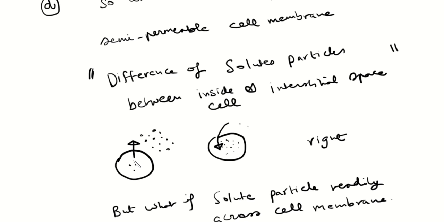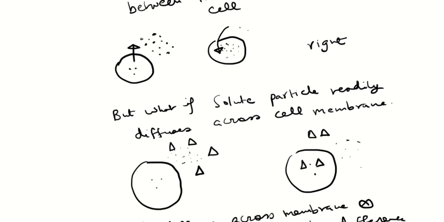So the fluid moves from where there are fewer particles of solute to where there is a higher concentration of solute. Water moves out, the cell shrinks. And if we do it the other way around, with fewer particles outside and more particles inside, water moves in and the cell swells. The cell does not like that. Okay, so we get that point.